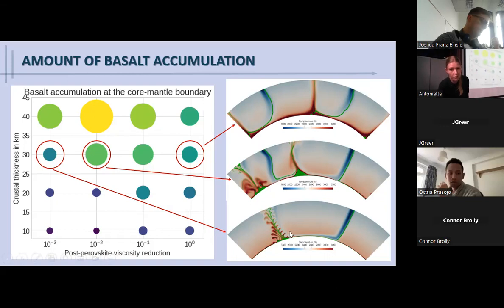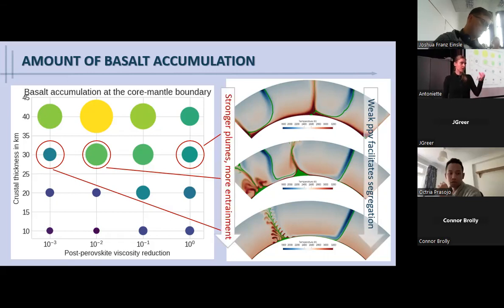So if we reduce the post-perovskite viscosity even further, we now get this really strong plume, and it drains all of the basaltic material, all of this green material, back towards the surface. And so that's why it can't accumulate at the core-mantle boundary anymore. So we have these two competing processes: the weak post-perovskite facilitates the separation of the basalt from the slab, but it also facilitates stronger plumes, and so it takes away the basalt from the core-mantle boundary again.